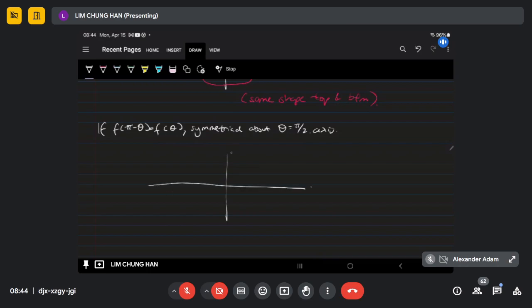What's the pi over 2 axis? This is the pi over 2 axis, the vertical axis. So whatever happens on one side happens on the other side as well. So you get the same shape left and right.